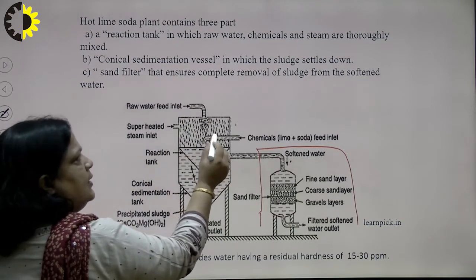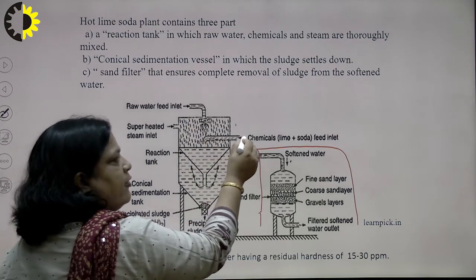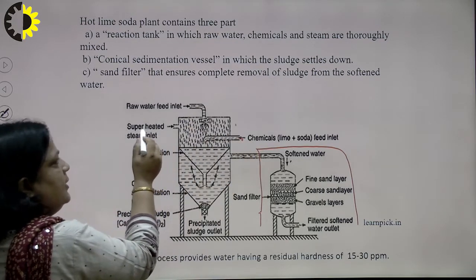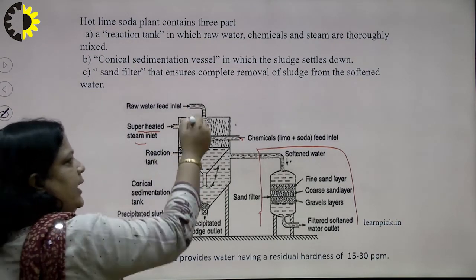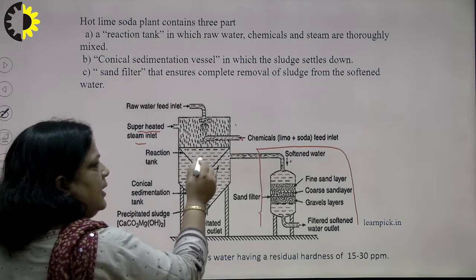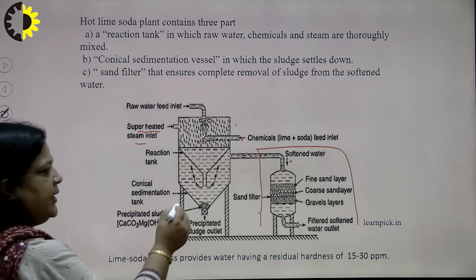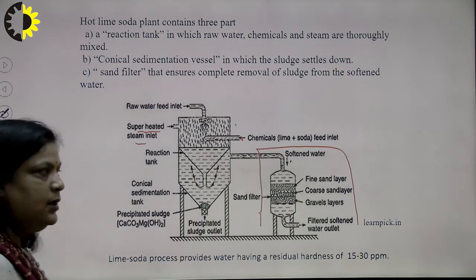First is for raw water, second is for chemical, no coagulant is necessary or required, and third is superheated steam. When we pass all three, the reaction occurs, and after the reaction the water becomes soft and the precipitates can be removed from this opening part.